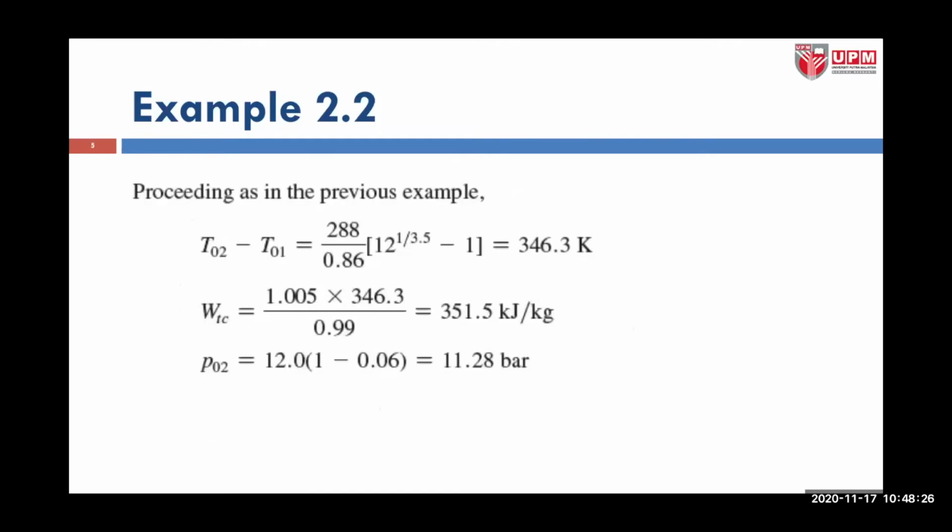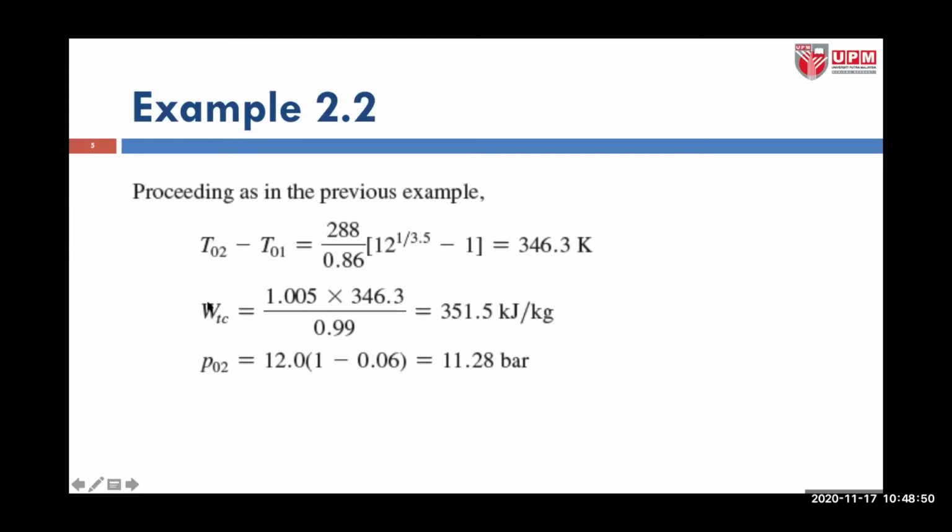Using the same approach as in the previous example 2.1, you will obtain the corresponding value for the temperature difference between the compressor outlet and compressor inlet to be 346.3 Kelvin, right?